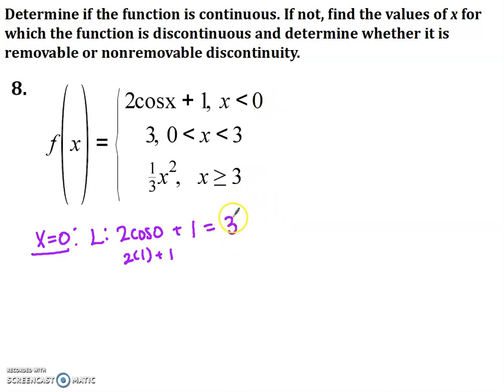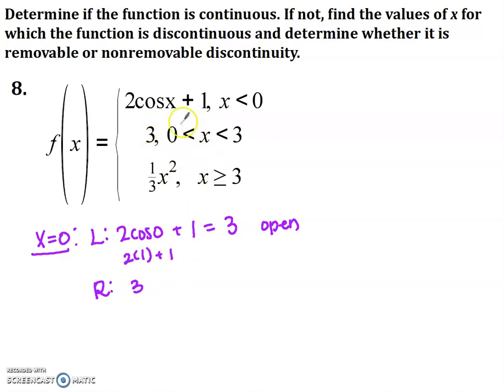So that would be my limit from the left, and that's going to be an open circle since I don't have the or equal to. Then the limit from the right, that's going to be this one, because here I can see x is greater than 0. So from the right, that's just going to be 3 no matter what.